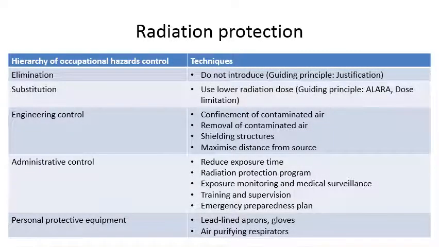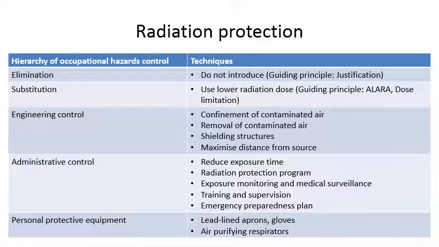Radiation control techniques can also be applied according to the hierarchy of occupational hazards control, namely, elimination, substitution, engineering control, administrative control, and personal protective equipment. Have you noticed that the guiding principles for radiation protection that we have mentioned just now are actually consistent with the first two hierarchies of occupational hazards control?